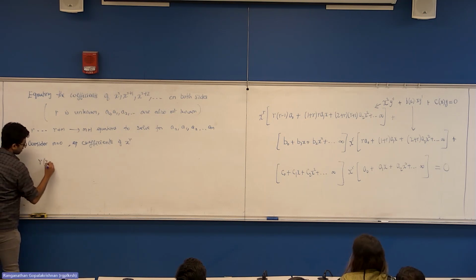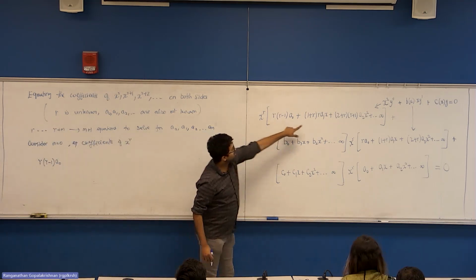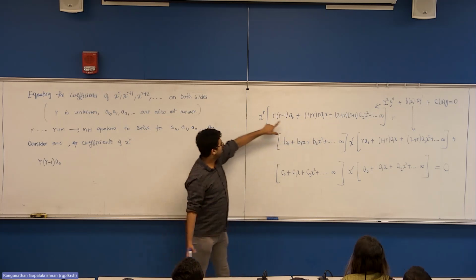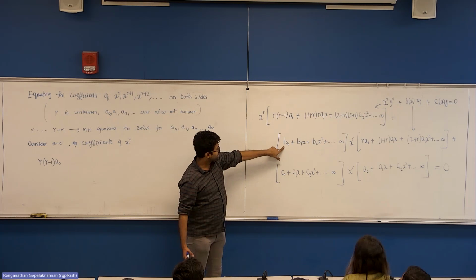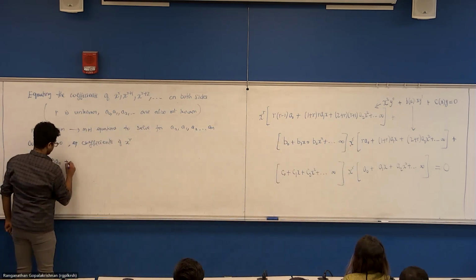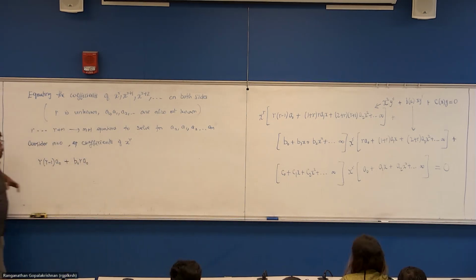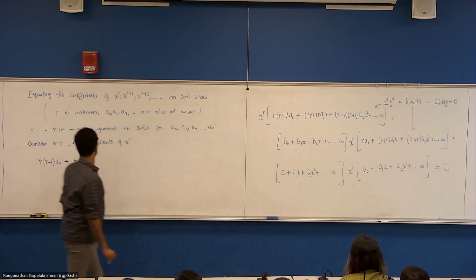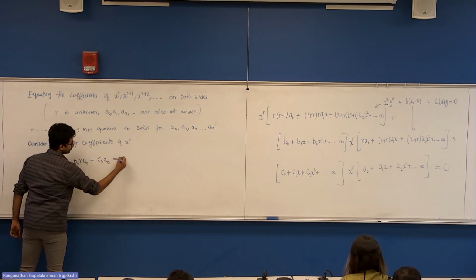Can I write r times (r minus 1) times a0 from the first term? Because the next term will be x power r plus 1. So that is not needed for us. We are collecting only powers of x power r. From the second, I will have b0 times r a0. Similarly, I will have c0 times a0. And this must be equal to 0.